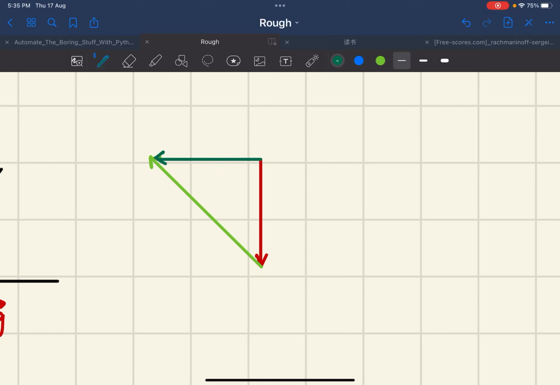So it just has to be horizontal. This mg is a fixed value, and thus this N plus F, the height must also be mg, so that the vector sum is horizontal.